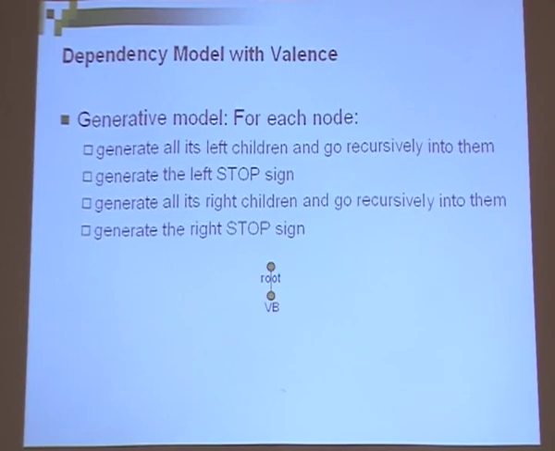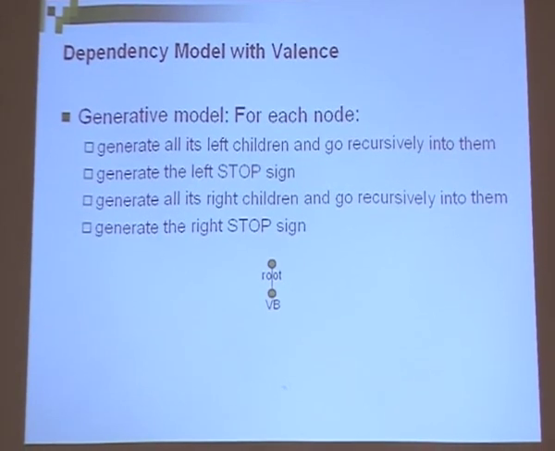It's a recursive generative story. First we have only the head of the sentence, and then we generate all its left children, one after another. When we have generated all the children to the left, we generate the stop sign. Then we start generating all the children to the right, and then generate the stop sign. This is a recursive process. After we generate a child, we generate all its children and go recursively deeper.